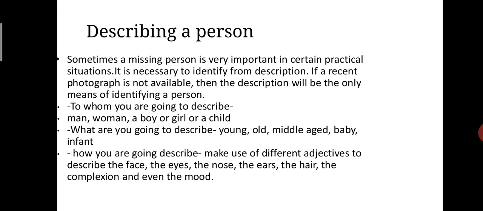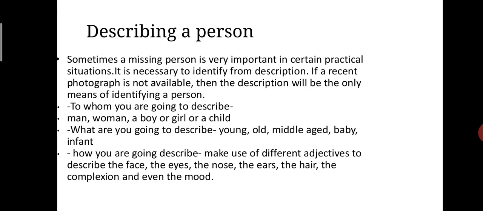Next part, to whom you are going to describe: man, woman, a boy or girl or a child. It matters much to whom you are going to describe. What are you going to describe? Whether he or she is young, old, middle aged, baby or infant. How are you going to describe?